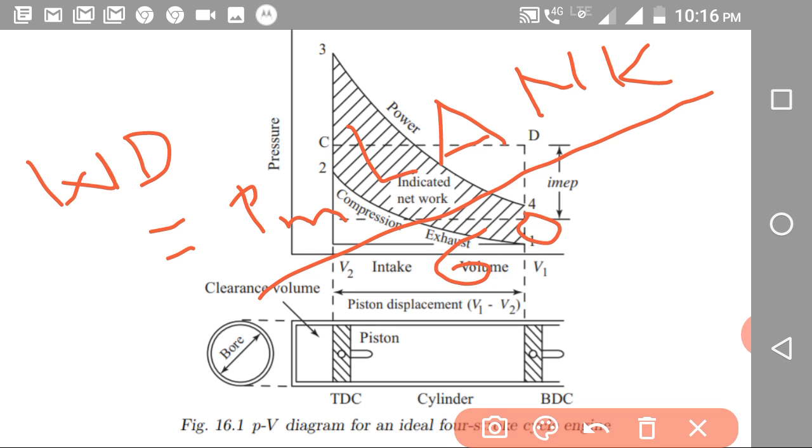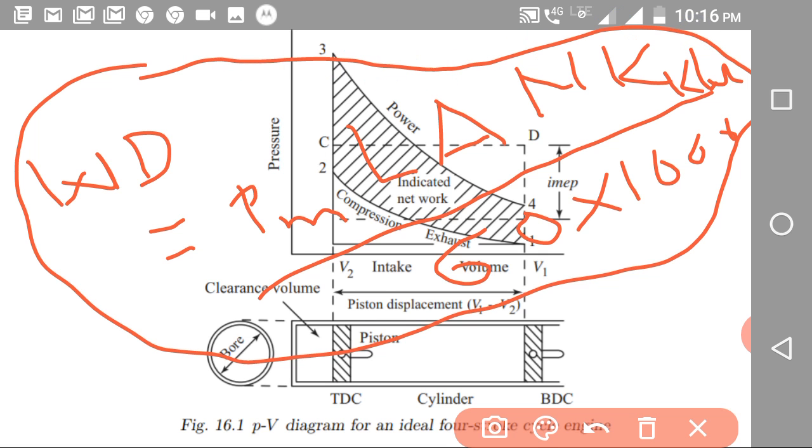Then we divide by 1000 because this is in watt. If we have to convert this watt unit into kilowatt, we divide by 1000, so we will get kilowatt.